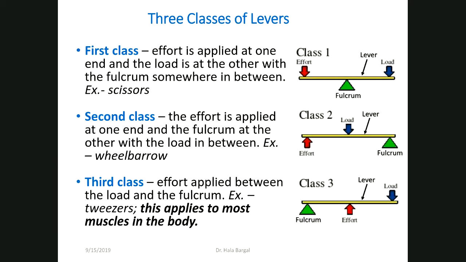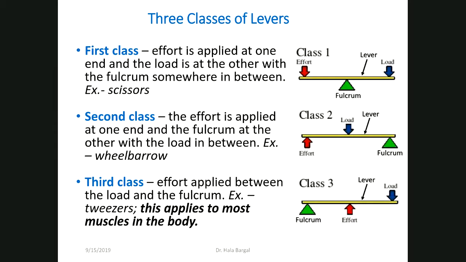The flexors of the upper limb. In the next lecture, you will learn that the anterior compartment of the upper limb are flexors. Okay, this means that if I want to carry my book, the lever here will be the humerus bone, the fulcrum will be the elbow joint.